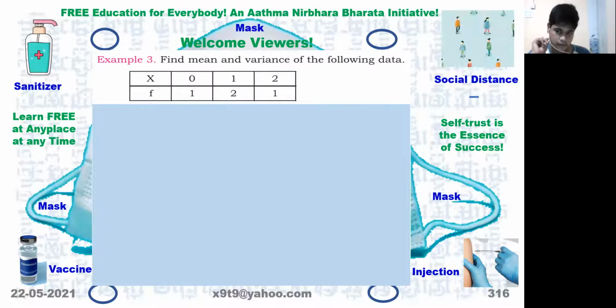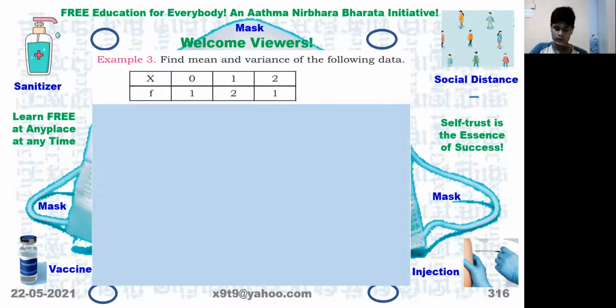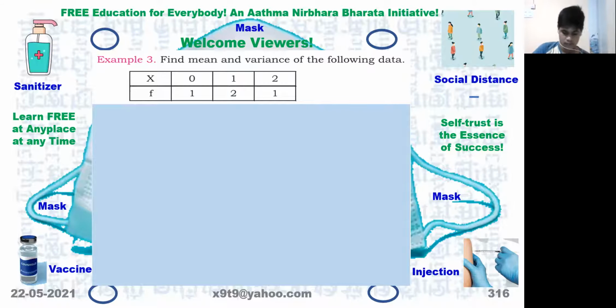Yes, you can write it as VAR. Without square root, sigma fx square divided by sigma f minus x bar the whole square, that is called variance. Then the square root of that, if you find, is called standard deviation.